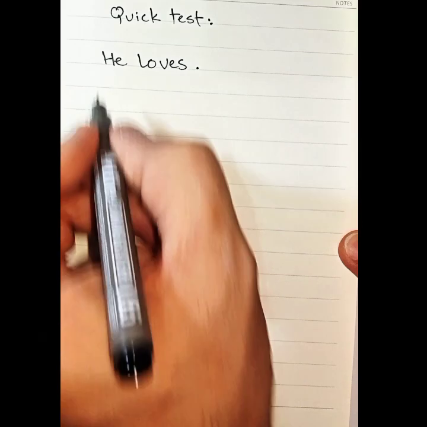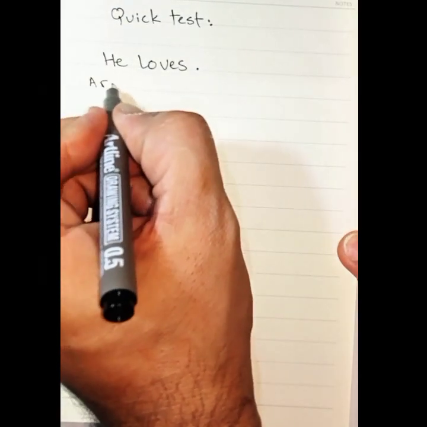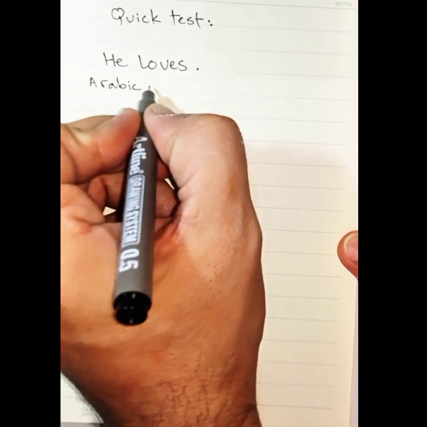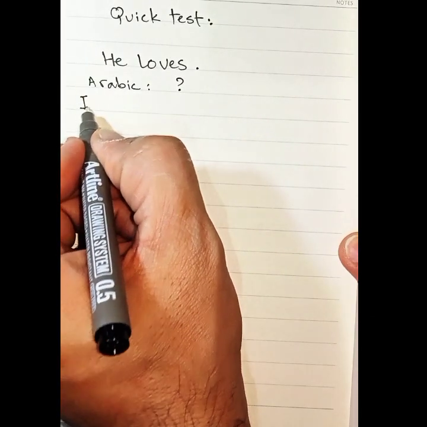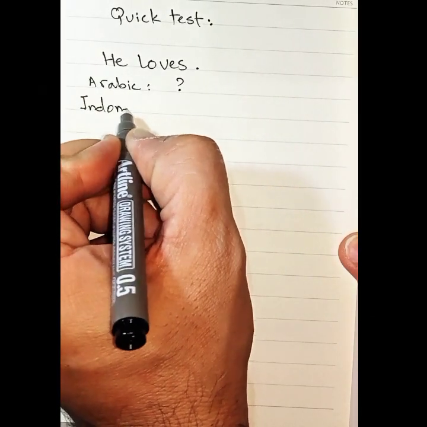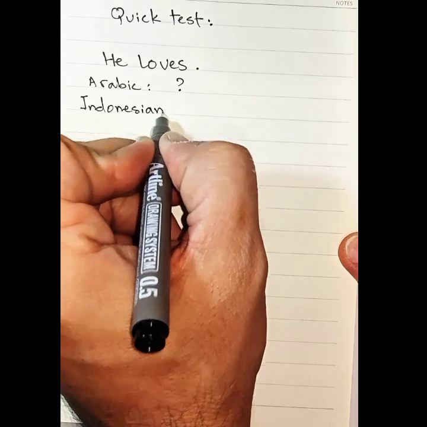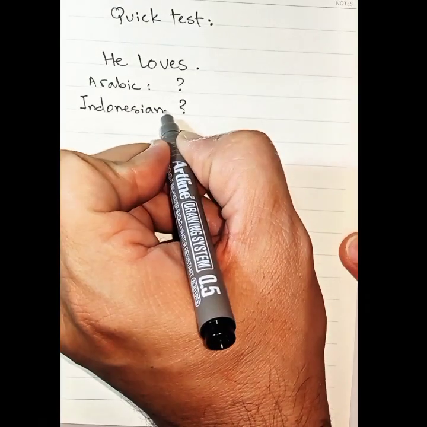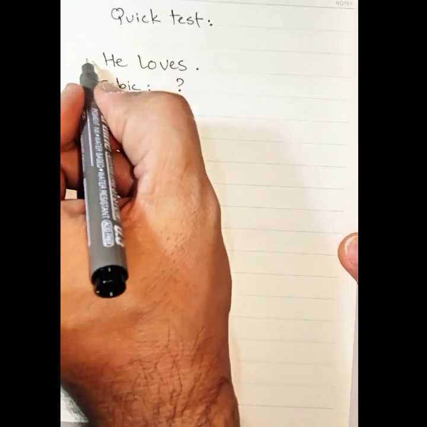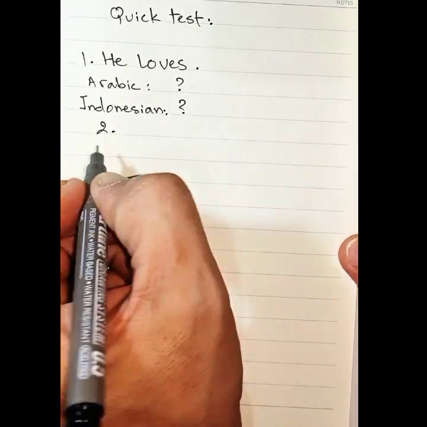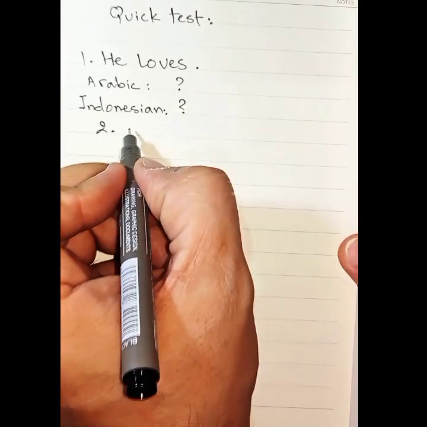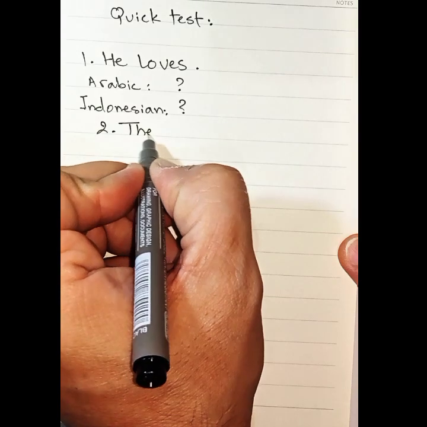He loves. What you do is you give me the Arabic for he loves and the Indonesian for the same sentence. At least give me one, Arabic or Indonesian. It would be great if you give me both.